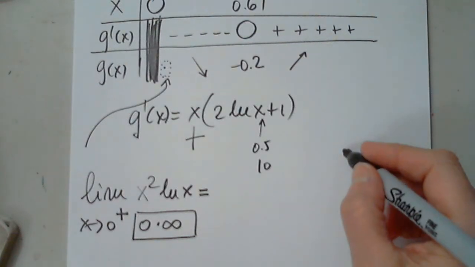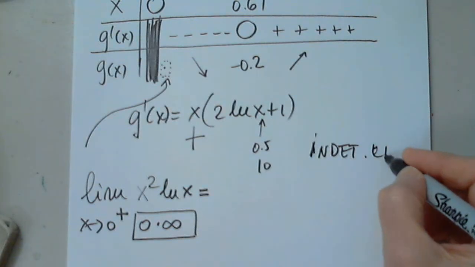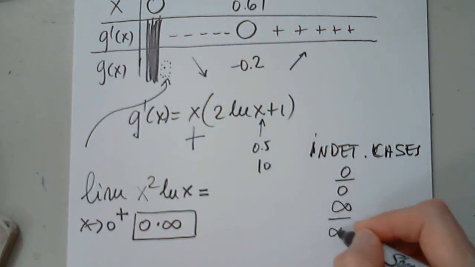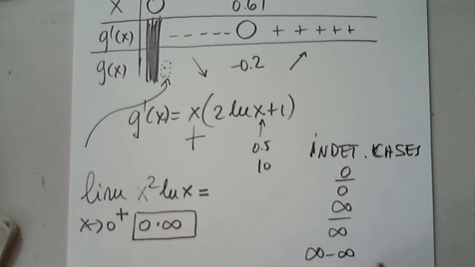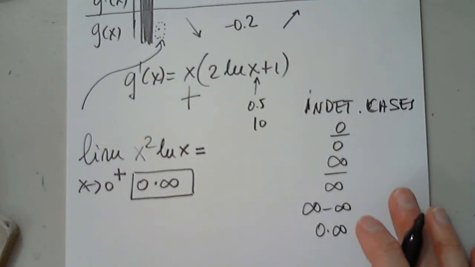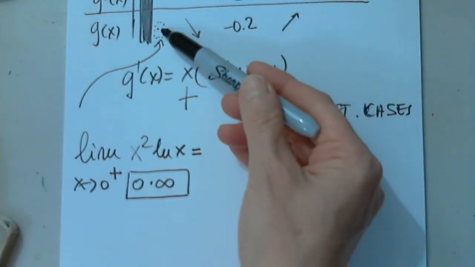So we looked at indeterminate cases. We had 0 over 0. We had infinity over infinity. We had infinity minus infinity. This is another one. And no, you cannot say that this is 0. So I'm going to leave this alone.